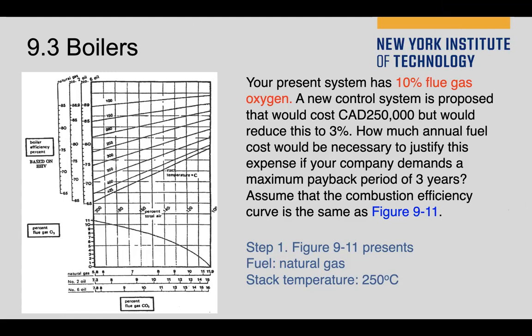Now we are going through another question. 9.3 is about the boiler. For this kind of question, you need to understand that if there is a high percentage of oxygen, it is not good. The combustion triangle obtains the fuels and the oxygen.